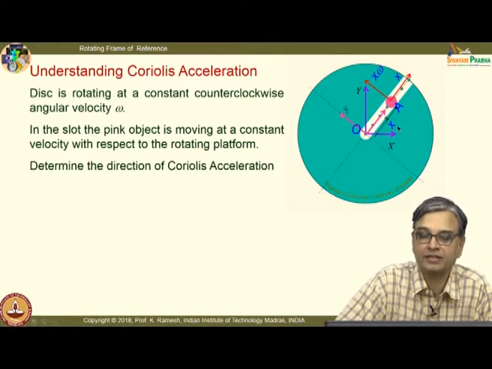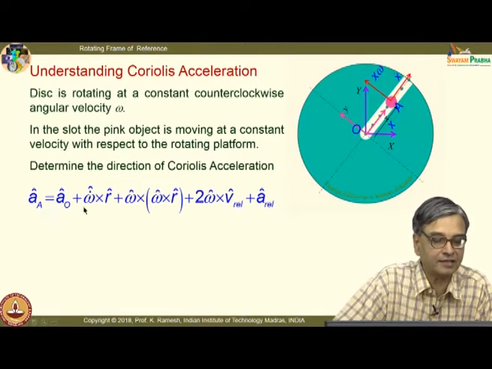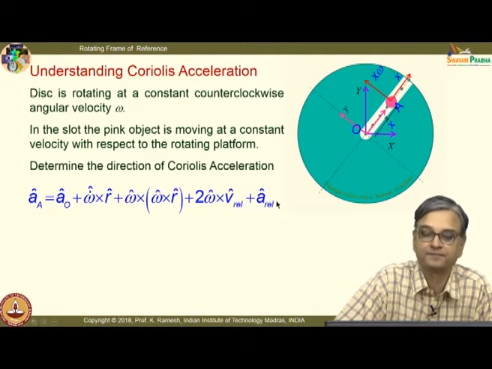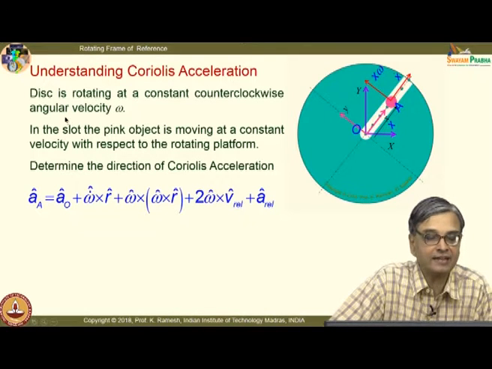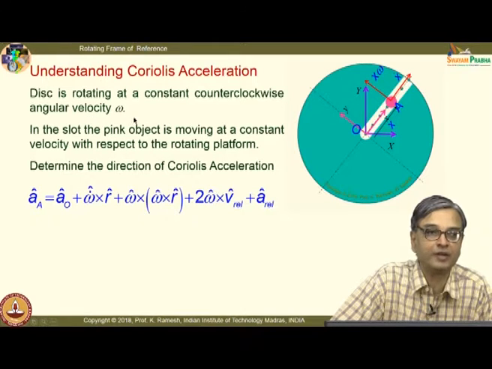It is rotating with the platform, and you know very well that the acceleration of the particle A is nothing but A_O plus omega dot cross r plus omega cross (omega cross r) plus 2 omega cross V_rel plus A_rel. We have already said that the disk is rotating at a constant counterclockwise angular velocity omega, which implies that omega dot is 0.